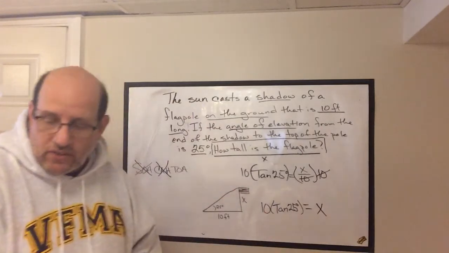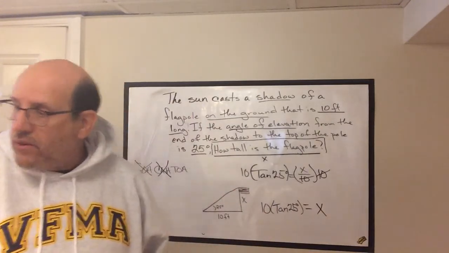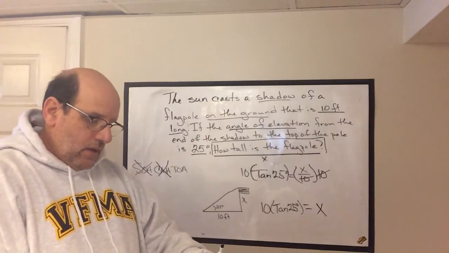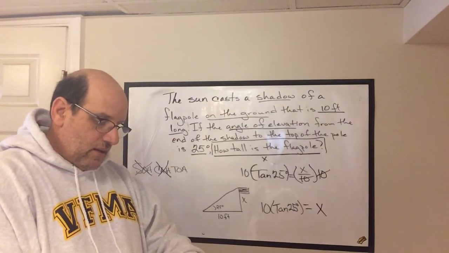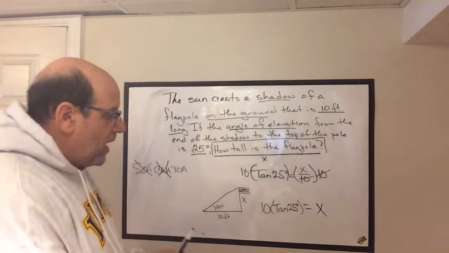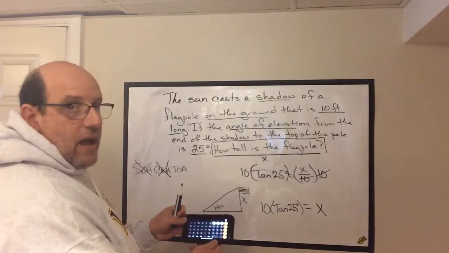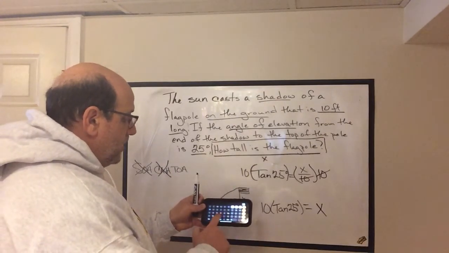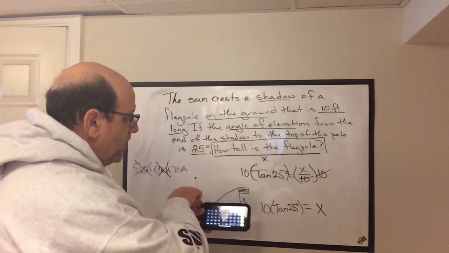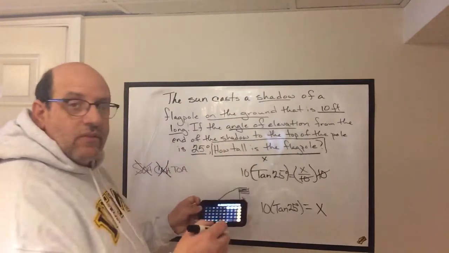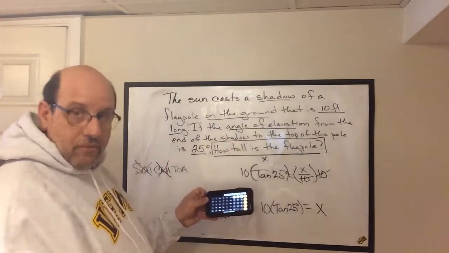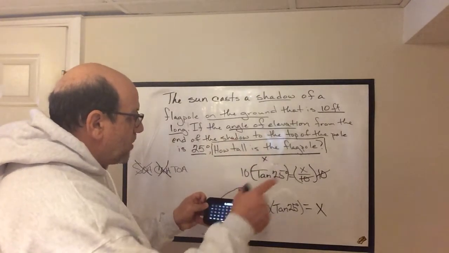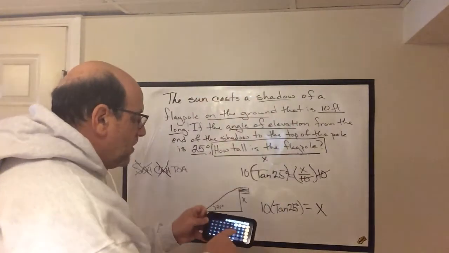That previous video said you just grab your phone, which I'm about to do, and go to your calculator, and we say, okay, let's do some math. And we're going to go 25 tangent. I'm going to round to the nearest hundredth, just like before, just like the previous section on the quiz.